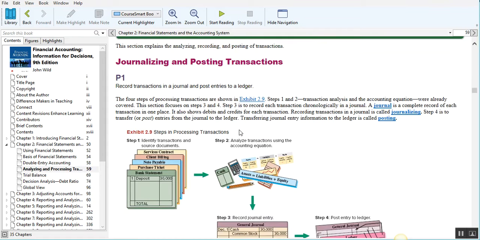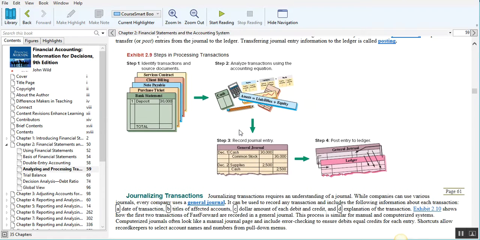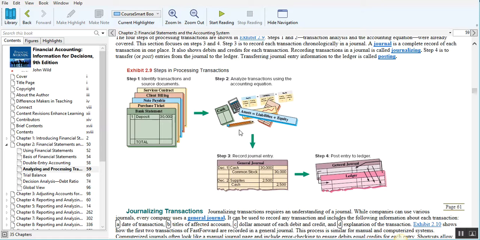So when we journalize transactions, there is a specific format for the general journal. When we enter these transactions, we're going to basically follow the steps they identify here. You identify the transactions in the source documents. You analyze the transactions, and you use the accounting equation to figure out where these transactions should go.